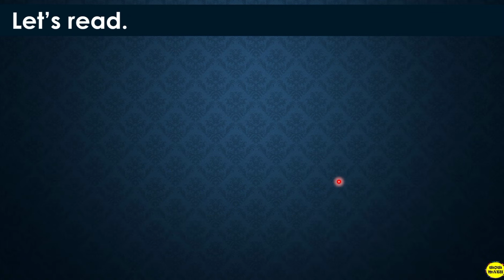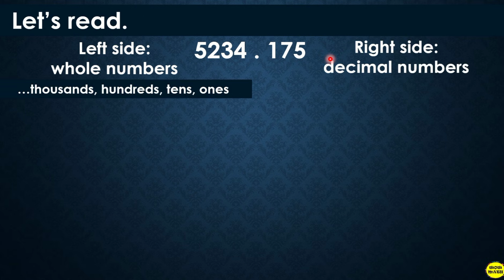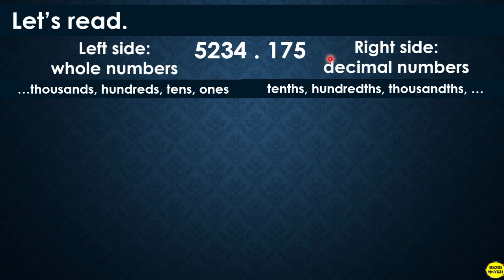Okay, so let us read. Given this example, notice that the digits on the left side are whole numbers. Etong nasa left side natin ay whole numbers. On the right side, ito ang ating mga decimal numbers.